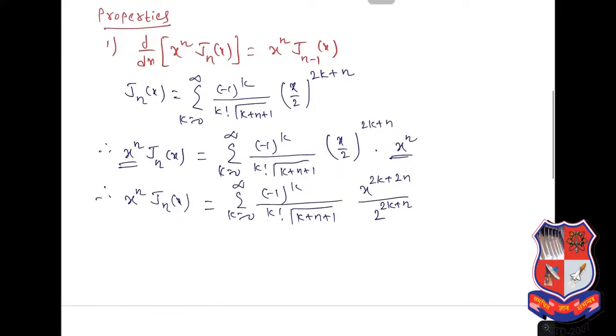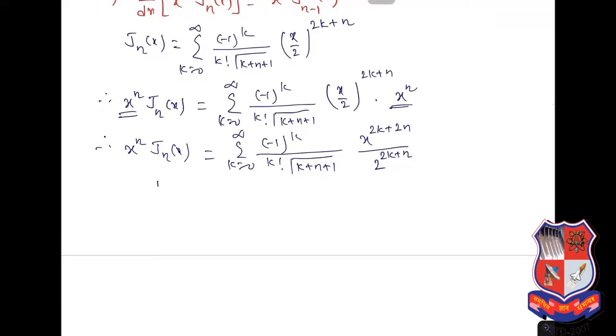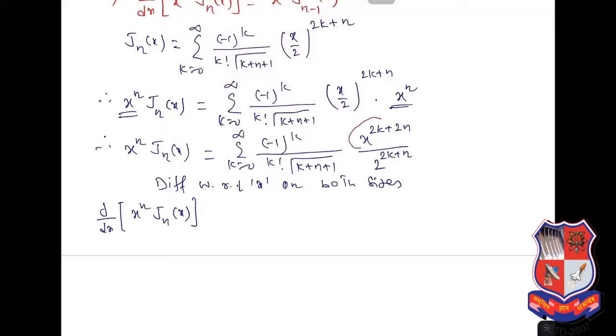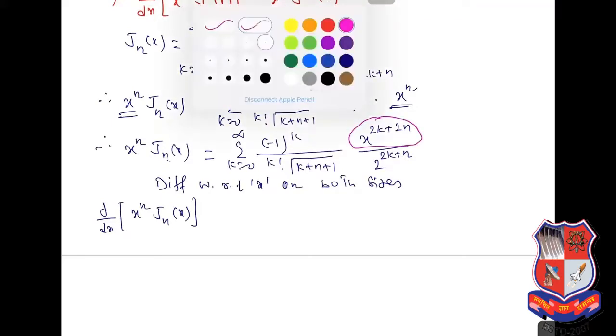Now let us differentiate on both sides with respect to x, because we want the derivative here. So we have d by dx of x power n J n x. Now the derivative with respect to x: we have to differentiate only this part, because the rest of them do not have any term with x.